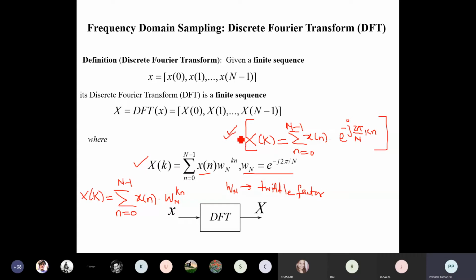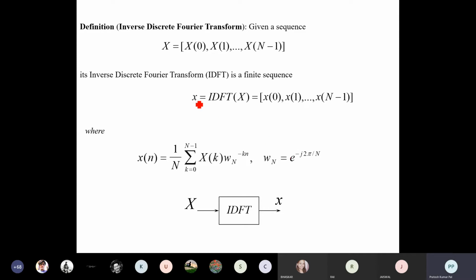Next we will see what was the formula for calculation of IDFT. So its inverse will be IDFT. So the formula for IDFT we had was this. After IDFT, we will be converting a frequency domain signal to a time domain signal. So here the formula will be 1 by N summation, because X of k is the DFT of x of n. So X of k we will use, and k will be the variable here.